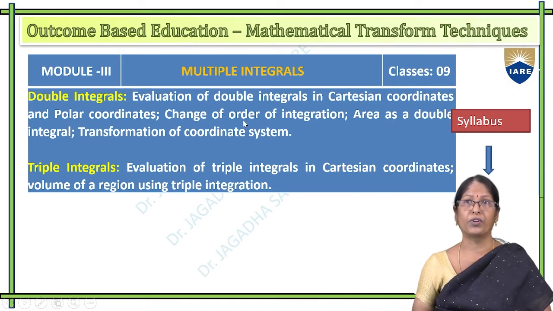For surface area, particularly, double integral is used. For the volume of a region, triple integral is used, whether double or triple, in both Cartesian as well as polar. Suppose Cartesian is given and we want to convert it into polar, that is the transformation of coordinate system.